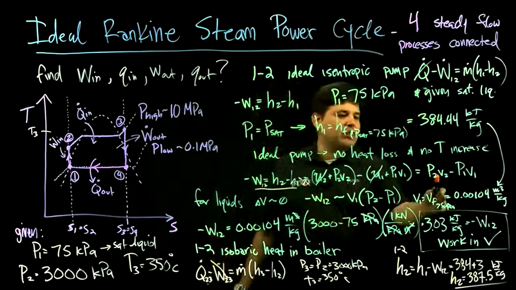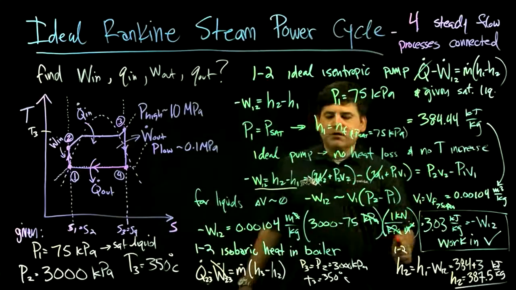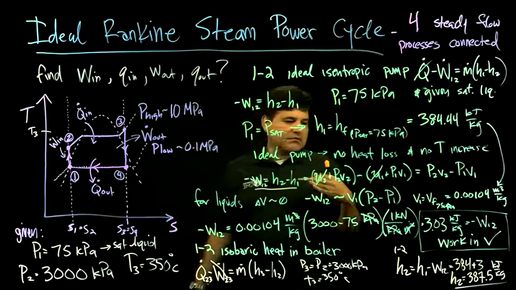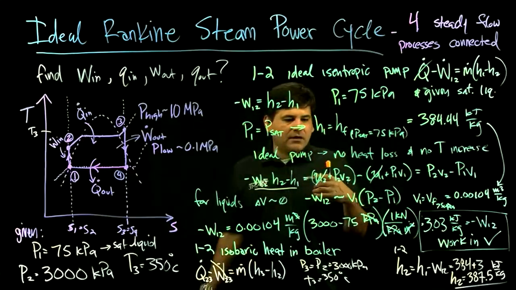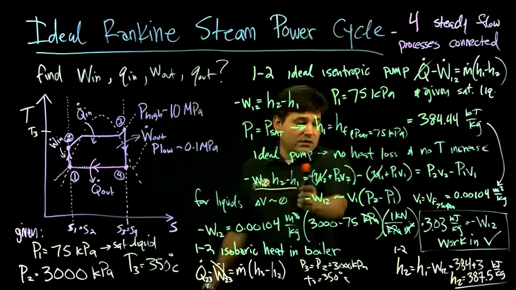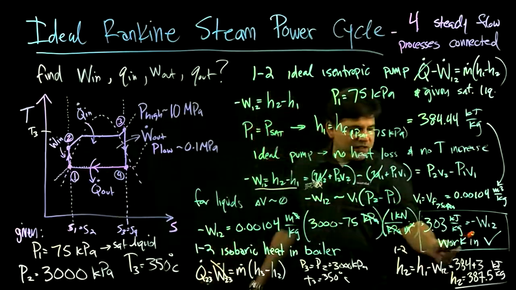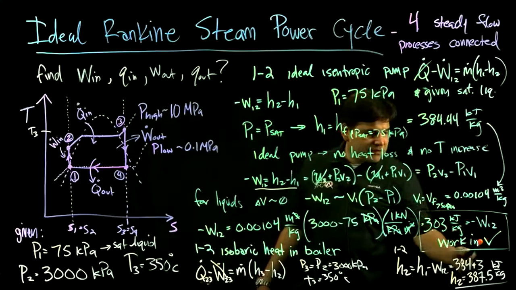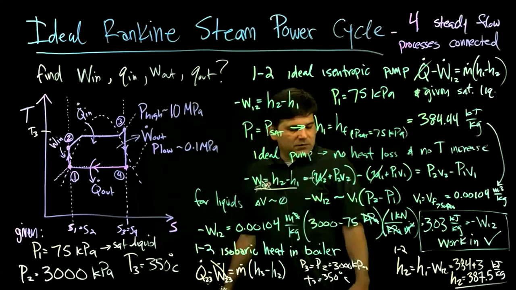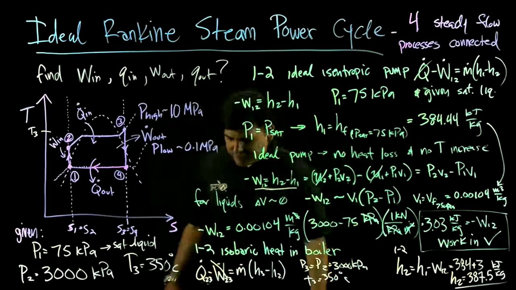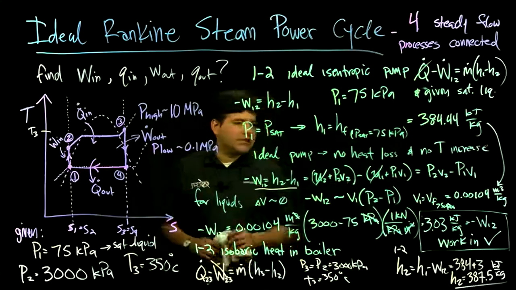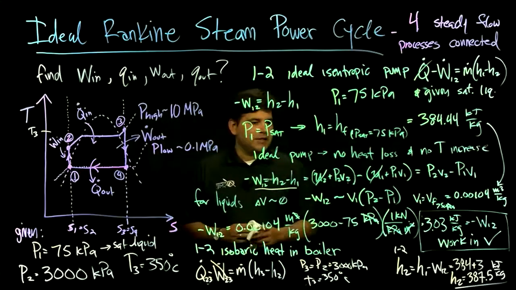So that change in enthalpy will just be due to the change in pressure. That is what we did to find work. So we'll just simply plug this work in that we found based on the same assumptions. It's effectively the same thing, just slightly different steps.